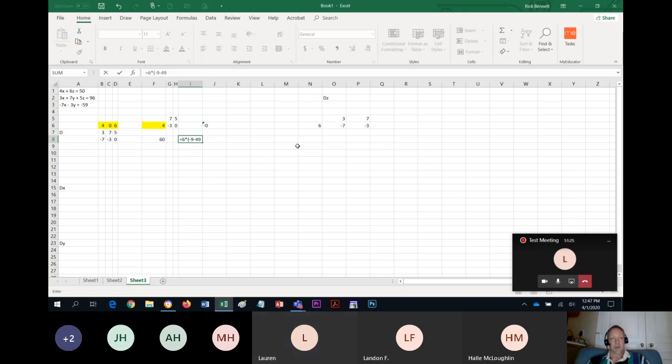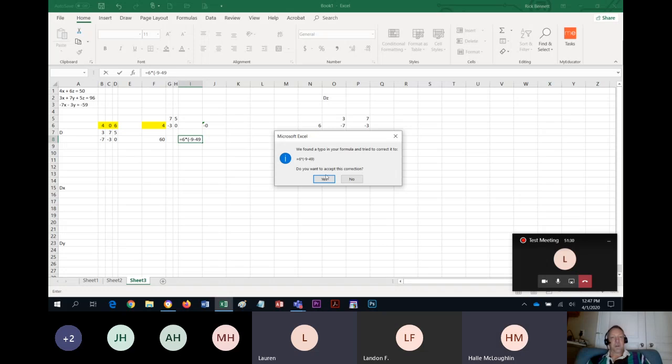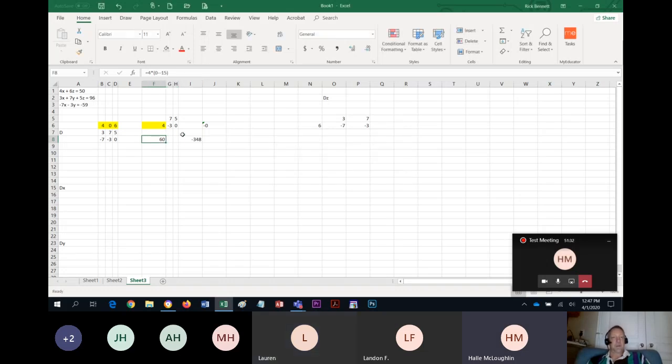Okay, we're subtracting -15, so that really means we're adding. I've got two negatives in there, so that's like a positive. Yeah, super easy to mess up signs. That was a good question.